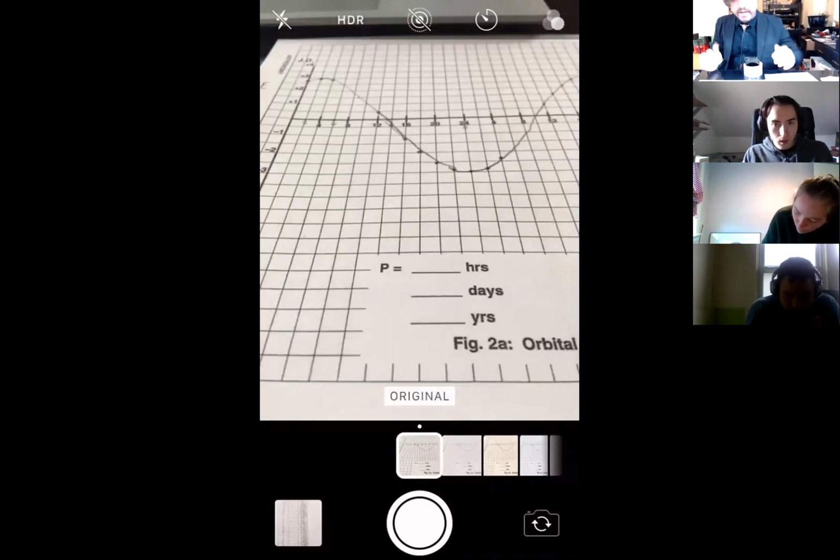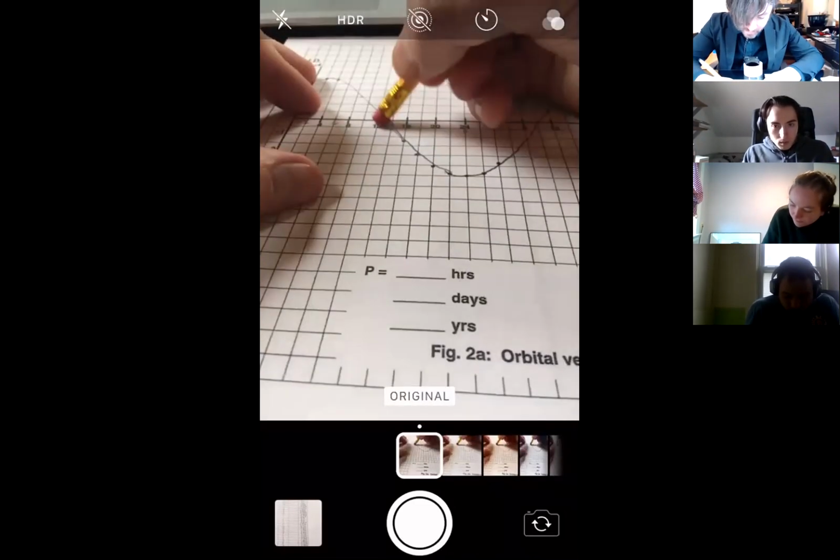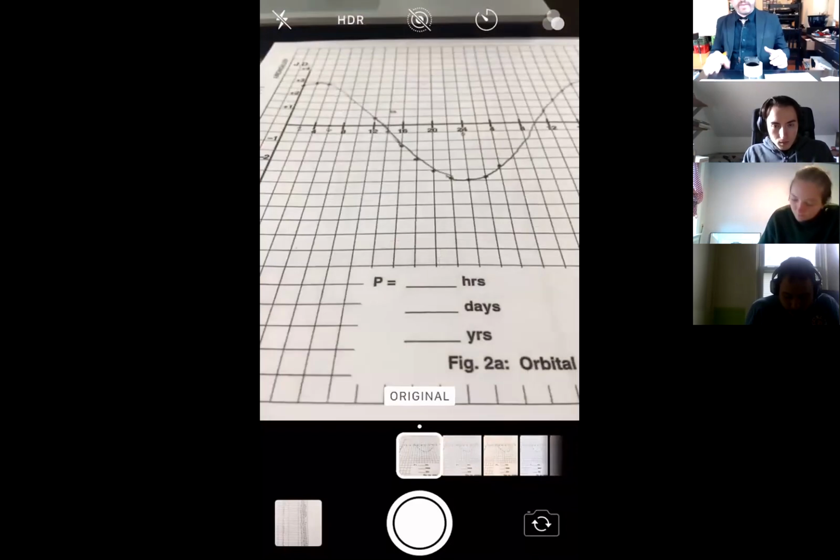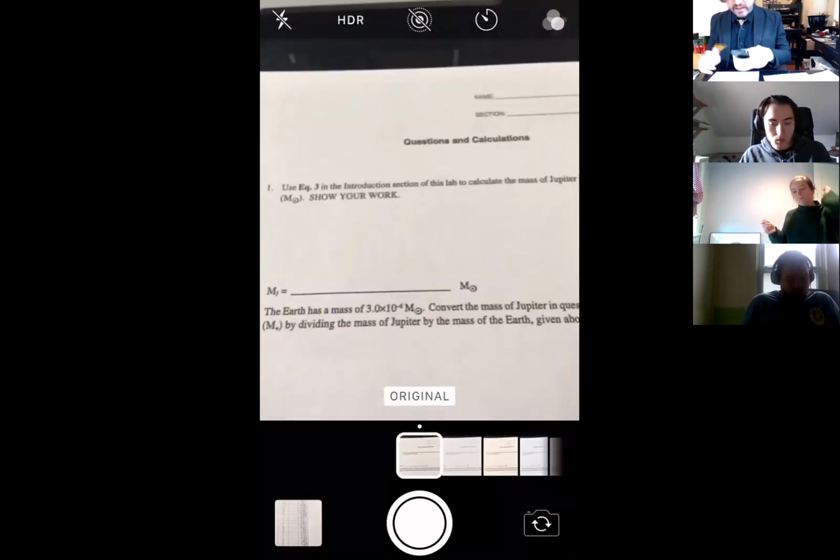We are going to attempt to measure the mass of Jupiter using Newton's version of Kepler's third law. And on this page, you're going to be asked to calculate the mass of Jupiter.